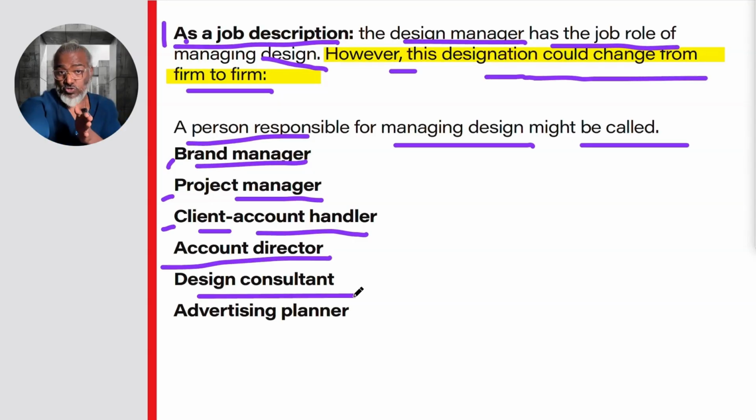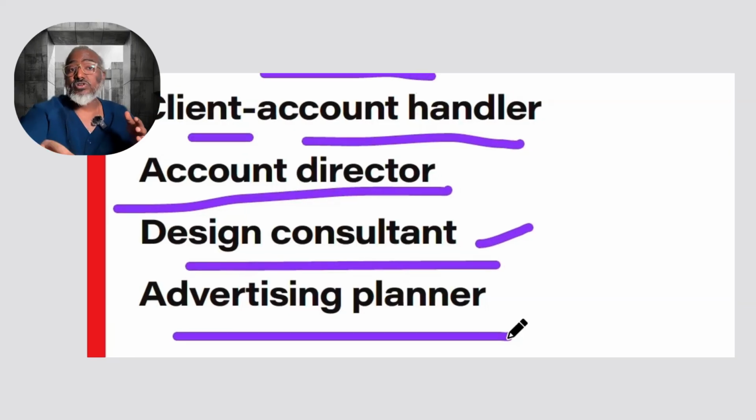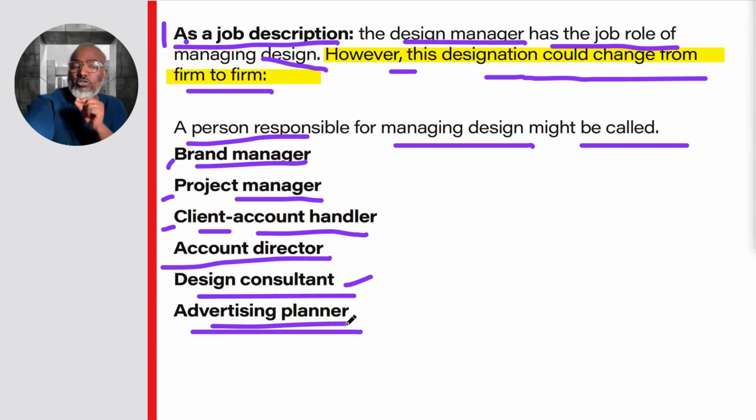If you run your own design studio, you would be considered a design consultant. Advertising planner: if you're working for PR or advertising agencies, you would be called a planner. The role of a strategist in a design consultancy is the same role that, in an advertising agency, is called planner. I hope you started getting the point here.